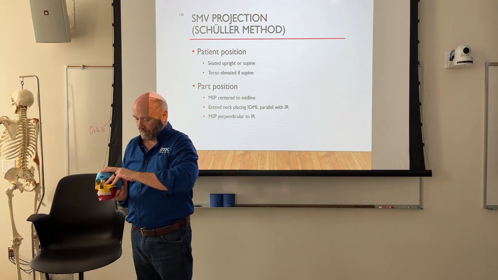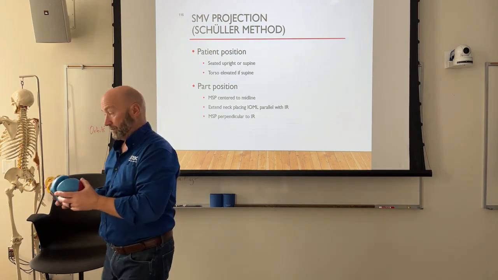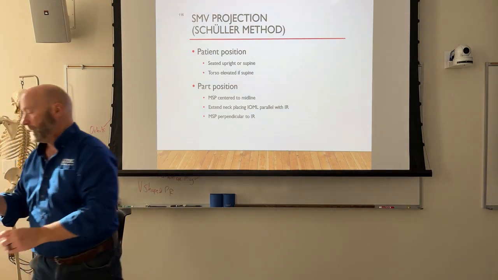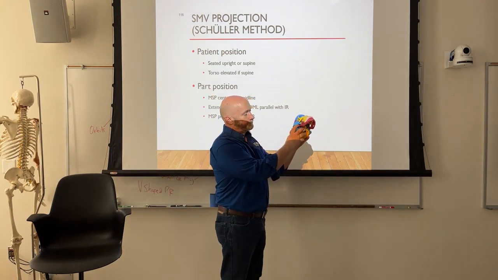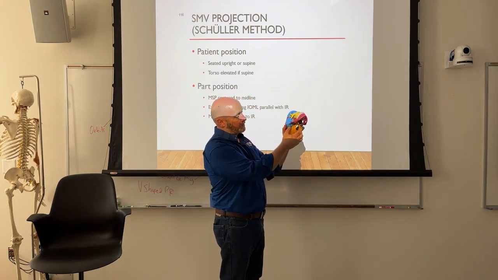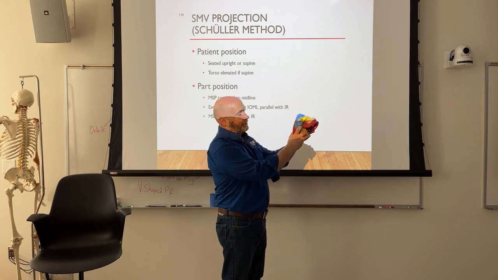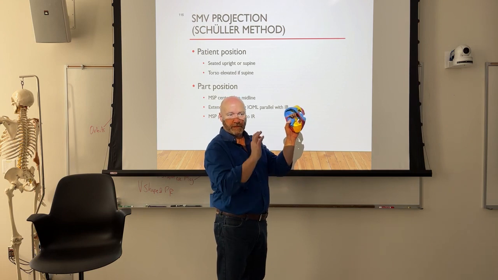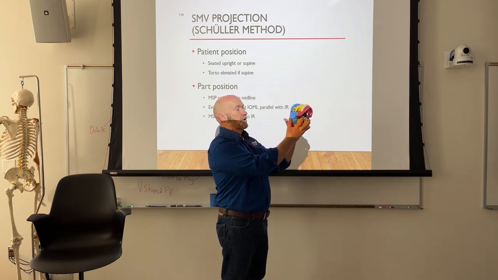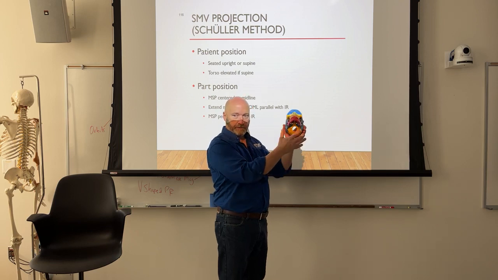What that should do, unless you have somebody with some real crazy anatomy, is put the condylar process of the mandible anterior to the petrous ridges, just a little bit, okay? I'm going to take the top of the skull back off. If the chin is tucked, it's going to project the mandible into the petrous ridges.